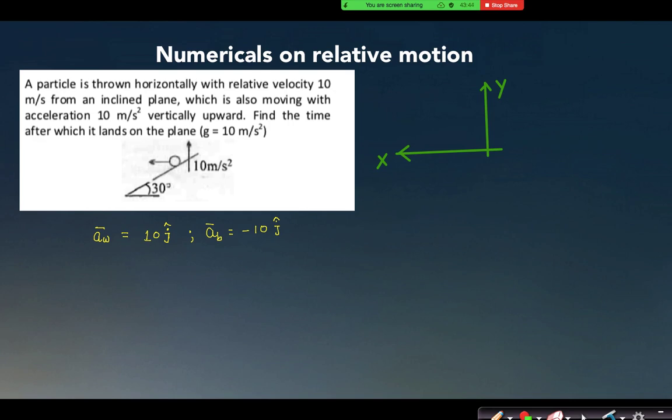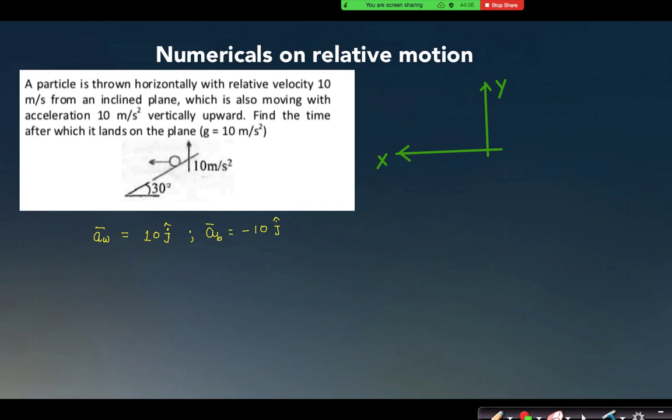For example, if you are inside a lift, then your acceleration is governed by the lift, whatever may be the acceleration of the lift, your acceleration will be the same. But once you are not in contact with the lift, then the lift will have no effect on your acceleration.